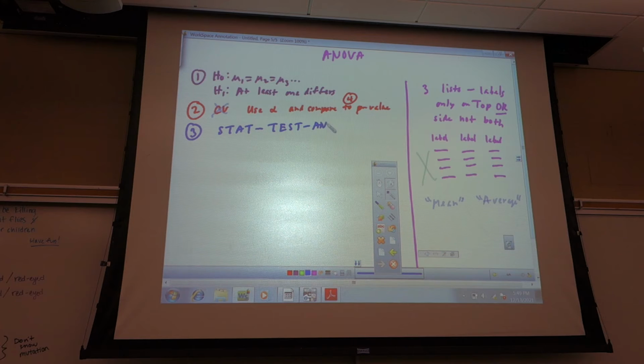ANOVA of L1, L2, L3, however many lists I've got. So it tells us I should put things in lists, and then get p-value. Because in step 4, if the p-value is less than alpha, it's unusual.